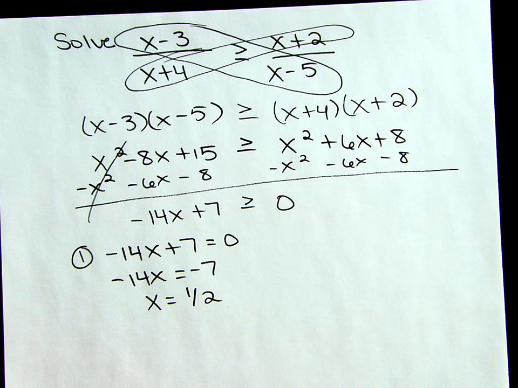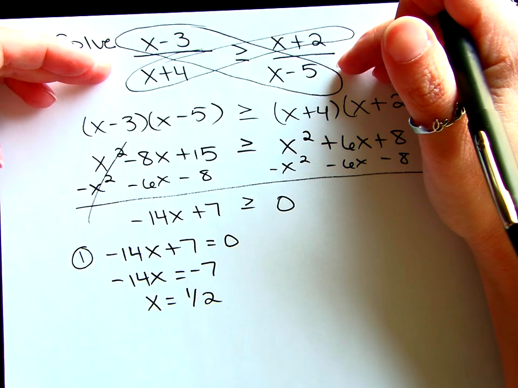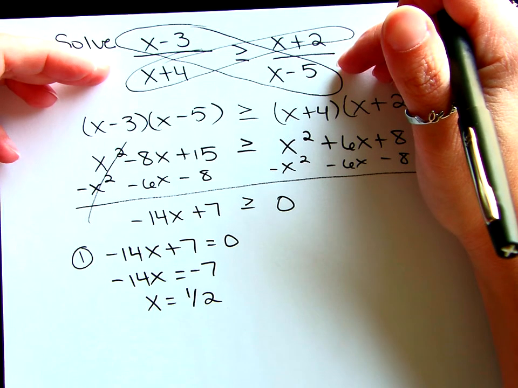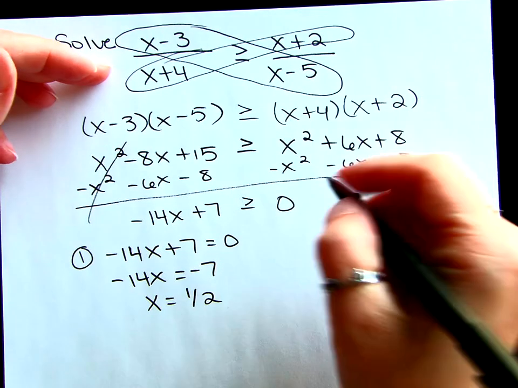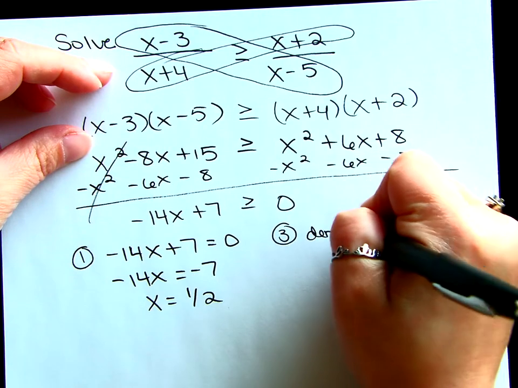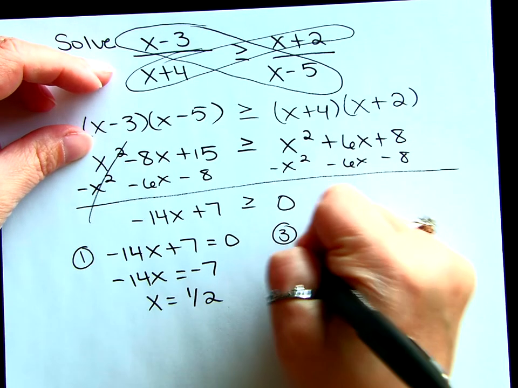We just had a polynomial of sorts. But we still need to treat it as if the original denominators are still going to be part of our boundary points. So set the original denominators equal to 0 to figure out more boundary points. Even though they went away when we multiplied it out, we still need those as our boundary points.